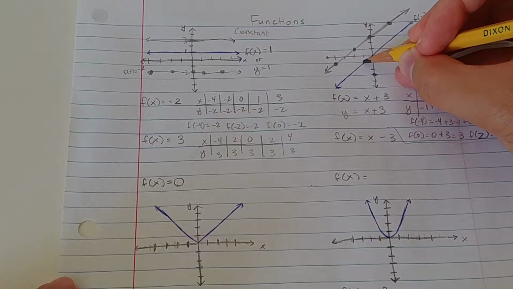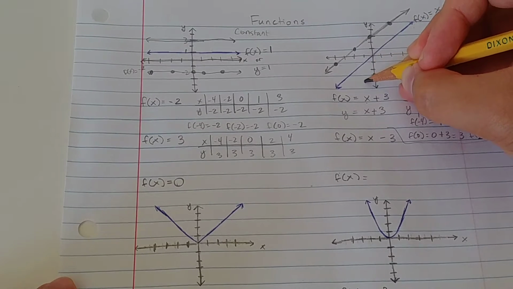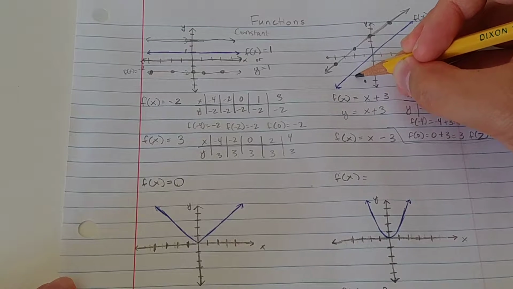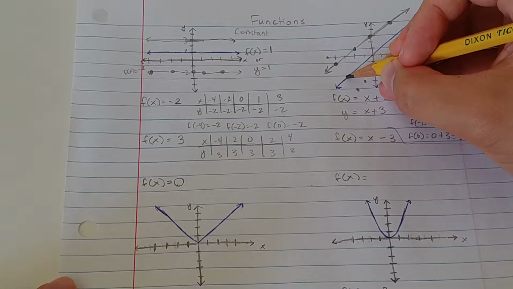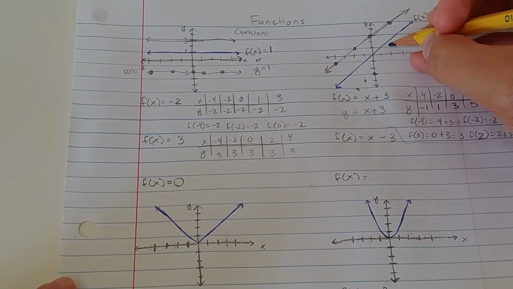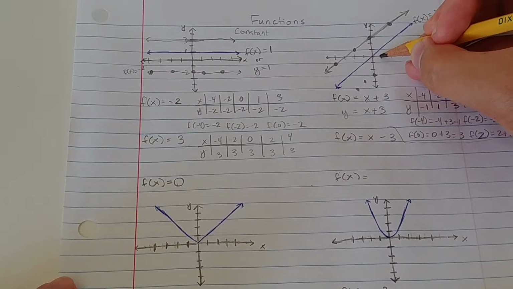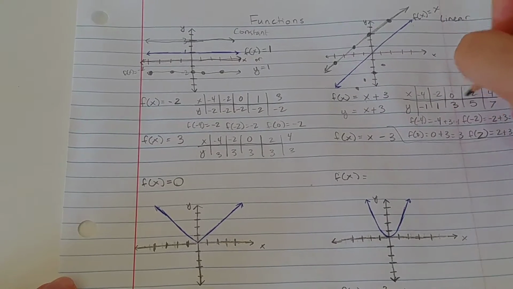And here we have another one. 1, 2, 3. Here's another point. 1, 2, 3. Another one. Over here we have 1, 2, 3. And again, you can make a table just like we did over here.